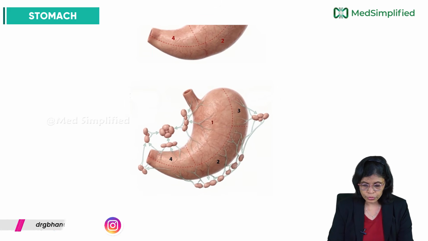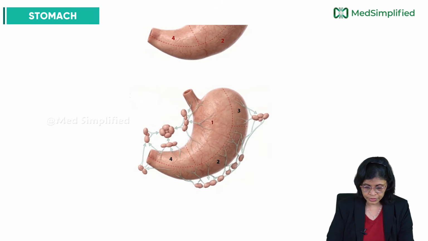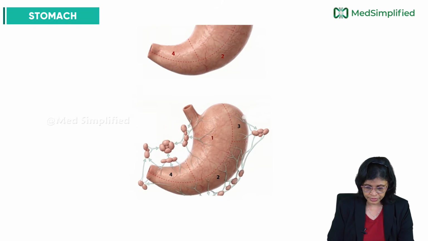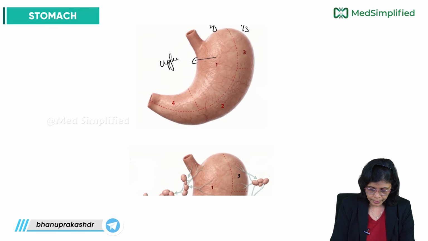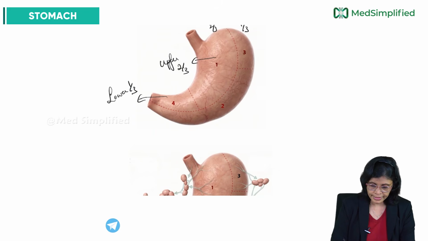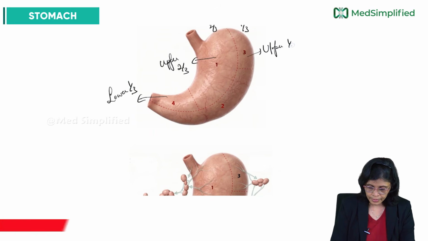So this is the upper 2/3. This is the lower 1/3 on the right side, whereas here is the upper 1/3 and we have the lower 2/3.